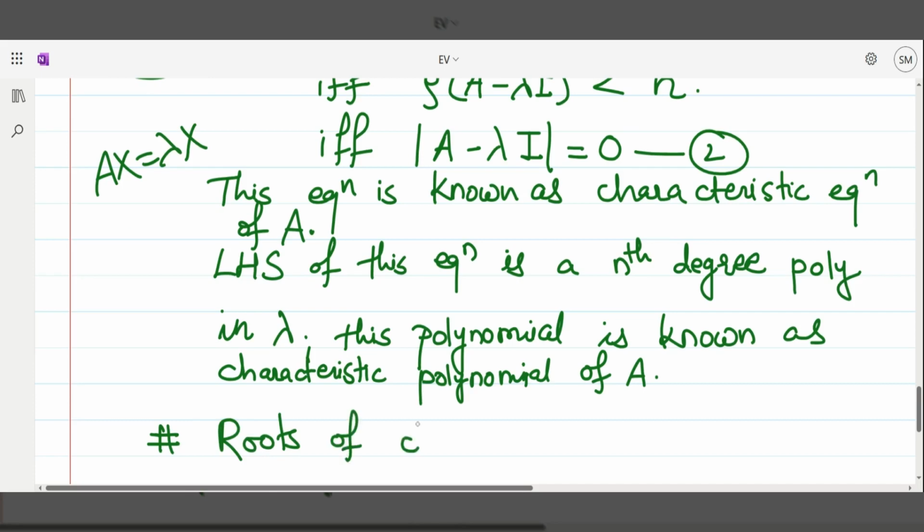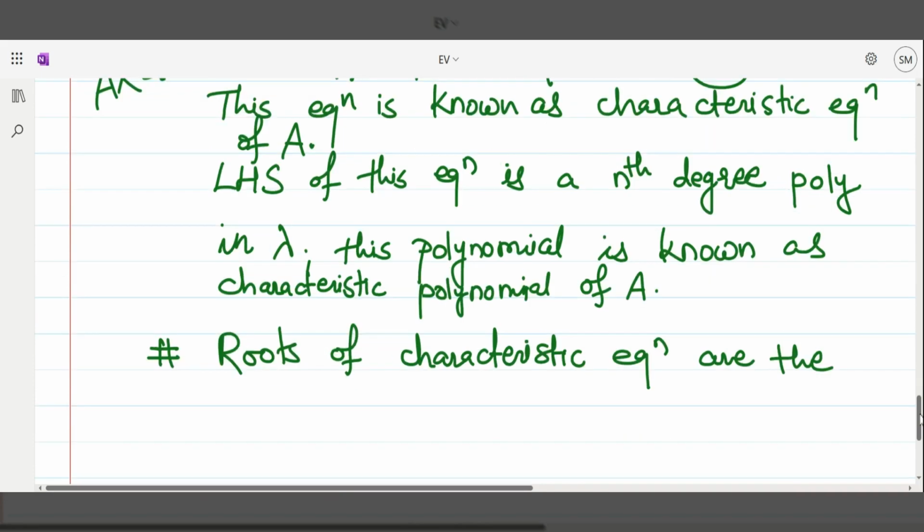The roots of the characteristic equation of A are the eigenvalues of A. Once we solve the above equation, we get the eigenvalues of A, and further let's see how we find the eigenvectors of A corresponding to each eigenvalue lambda.